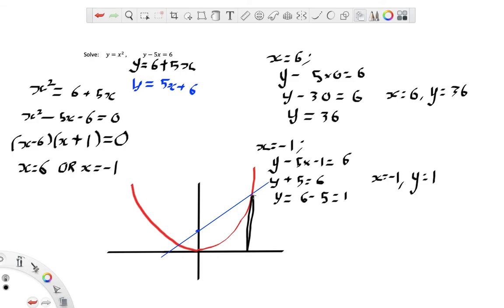If we look at the solutions that we got, we've got one solution where x is equal to 6, y is equal to 36, so that point there is 6, 36.